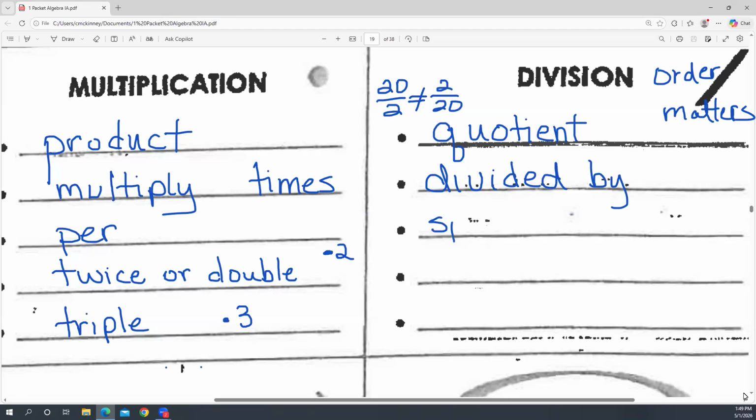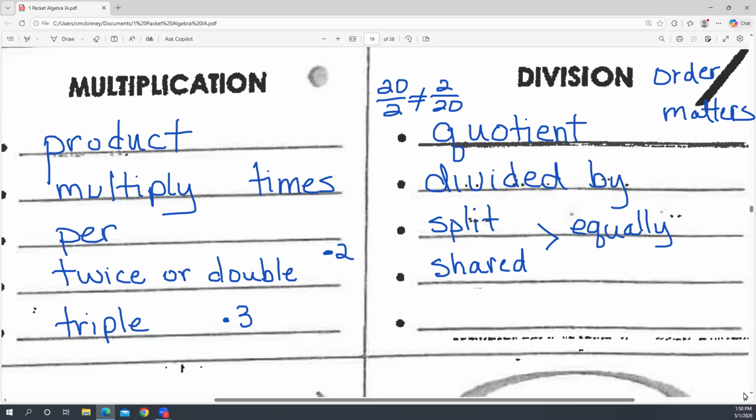We might see split or shared. And typically these will talk about equally, split equally or shared equally, or that will be the assumption.